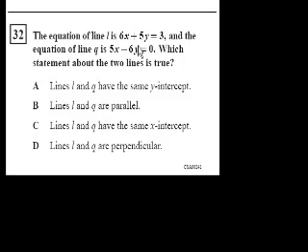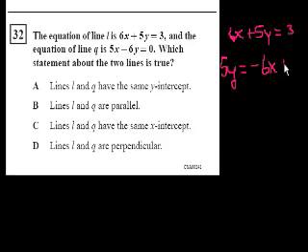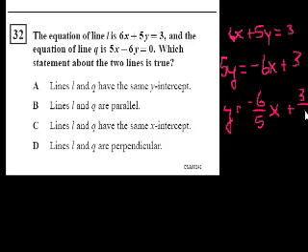I always find it easier to look at these lines in kind of the slope y-intercept form. So let's do that. So line L is 6x plus 5y is equal to 3. If we subtract 6x from both sides, you get 5y is equal to minus 6x plus 3. And then you divide both sides by 5, and you get y is equal to minus 6/5 x plus 3/5.